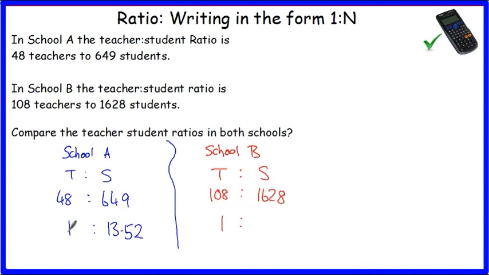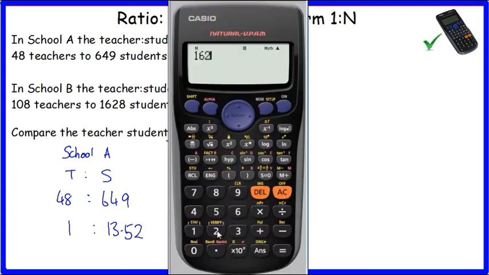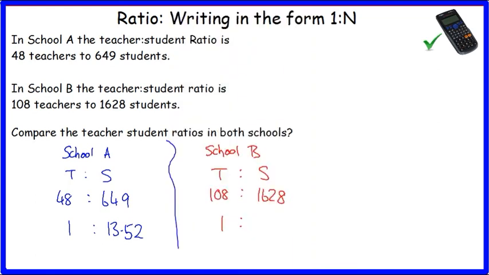So once I've got them 1 and 1, I can then compare. So 1628 divided by 108, 15.07.